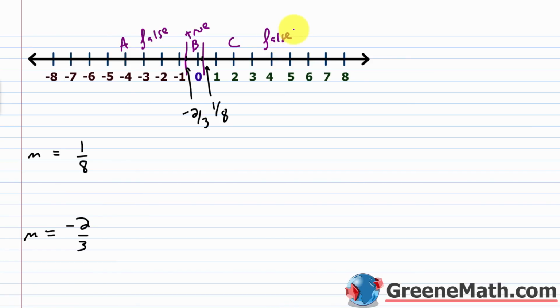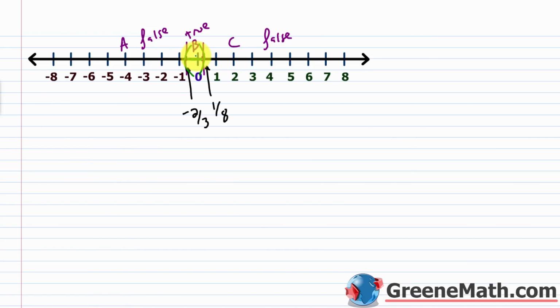So we know that -2/3 and 1/8, neither one of those would work as a solution. So we're going to use a parenthesis to graph in each case. And because it's going to be true in interval B, I'm going to put a parenthesis facing to the right here and a parenthesis facing to the left here. And essentially, I'm just going to shade everything in between.